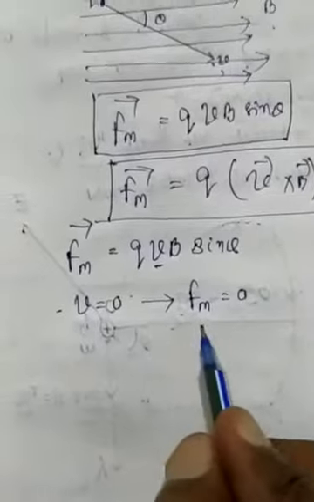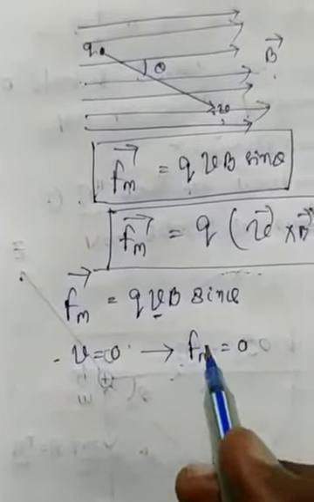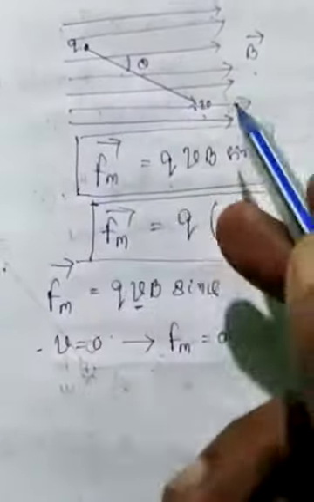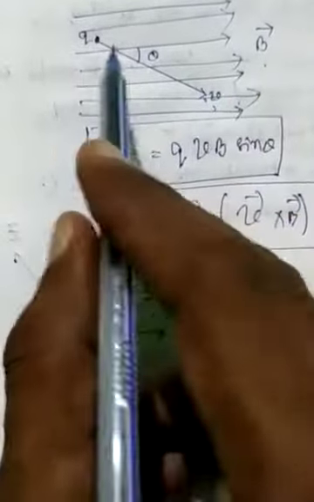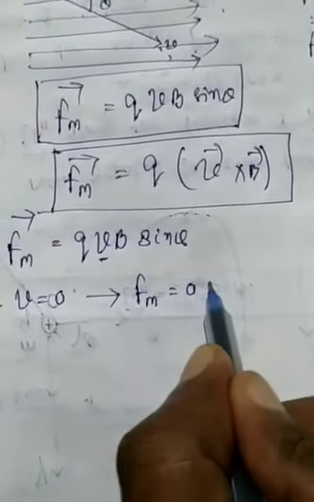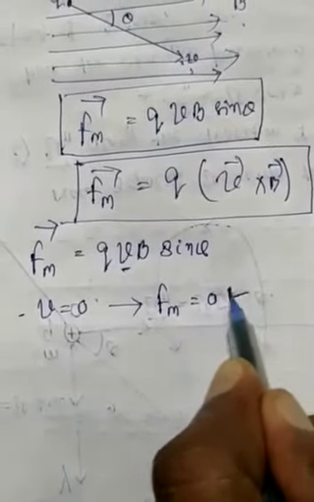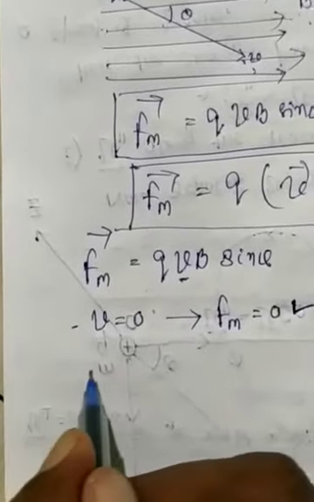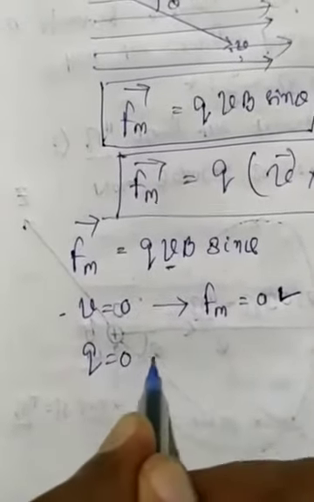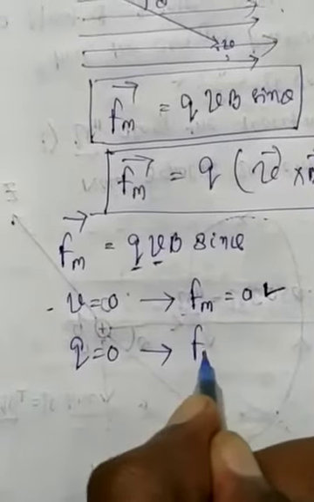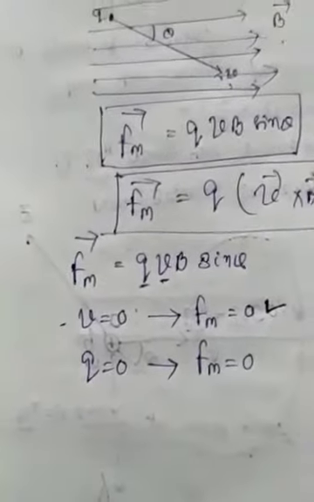It means if the charge is at rest, then no magnetic force will act upon the charge. Similarly, if Q is equal to 0, then the magnetic force will be 0.